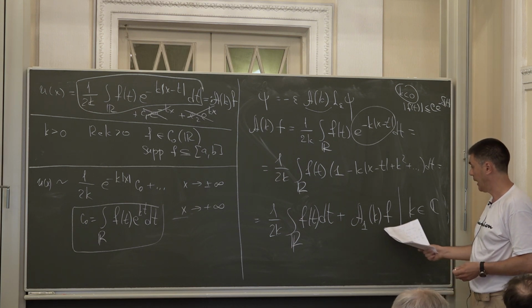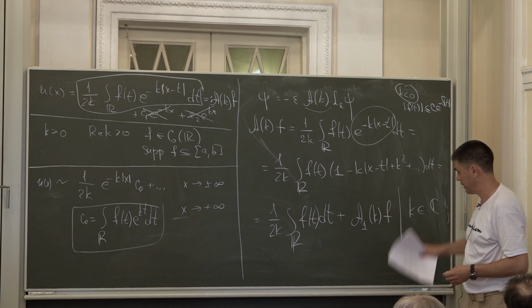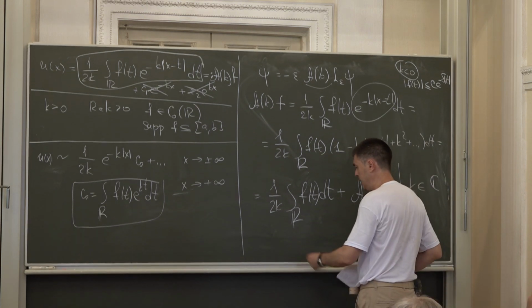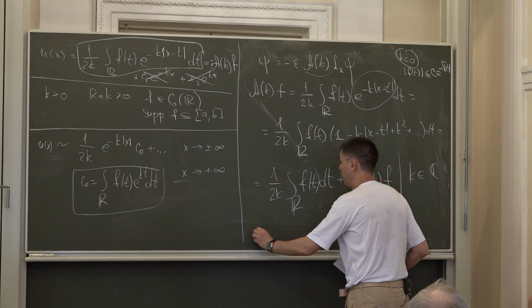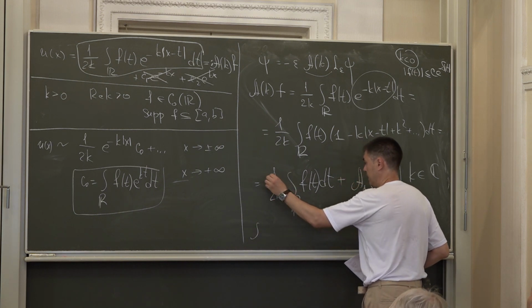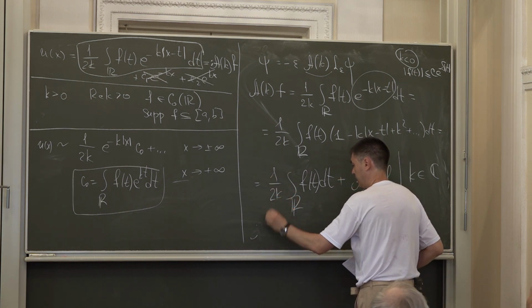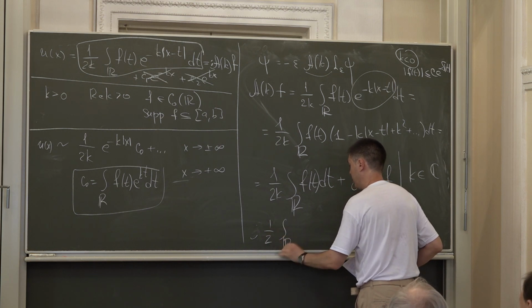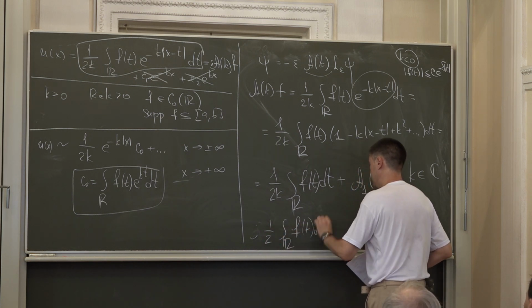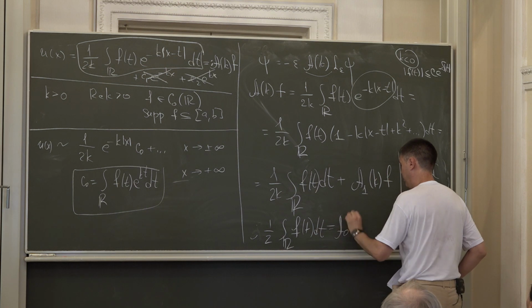How should we understand this expansion? We should understand it in the following way. Let 1 over 2 f of t dt be A0 of f.